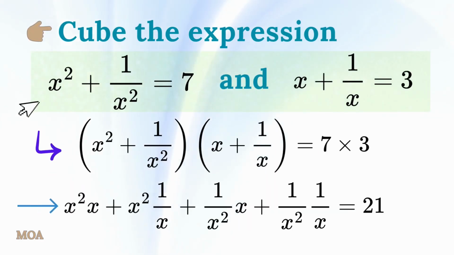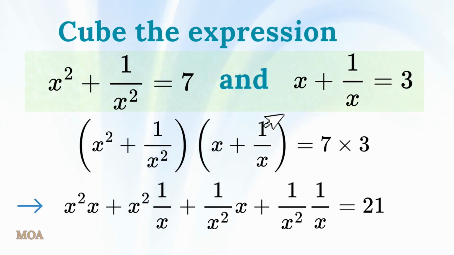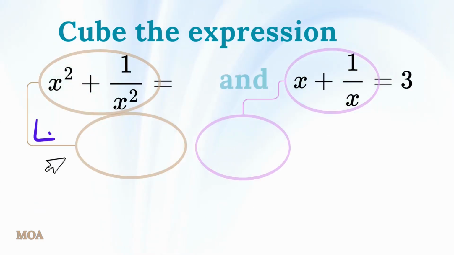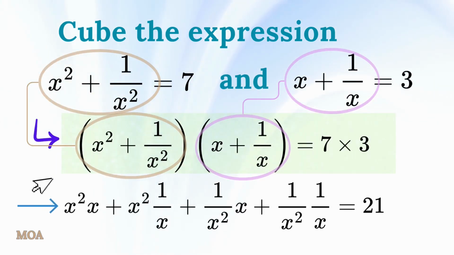Good. The next step, we multiply the obtained equation x squared plus 1 over x squared equals 7 by the original relation x plus 1 over x equals 3 side by side. This yields the quantity x squared plus 1 over x squared times the quantity x plus 1 over x equals 7 times 3, namely 21.